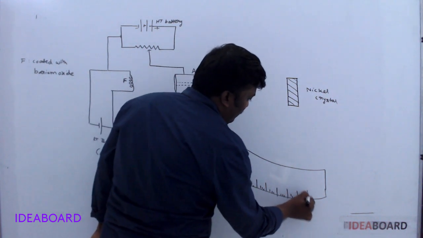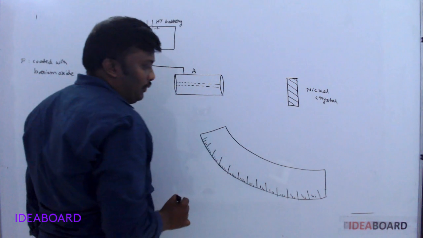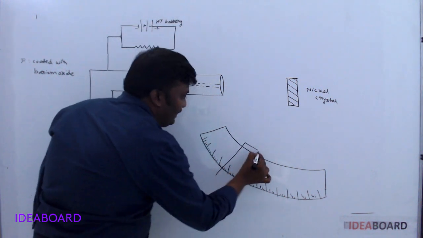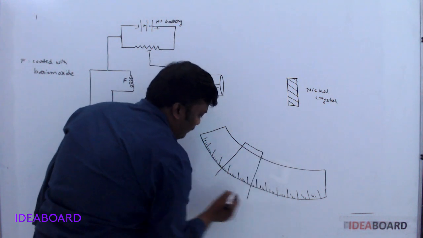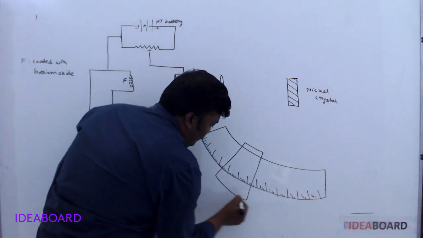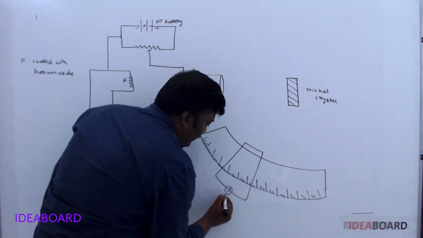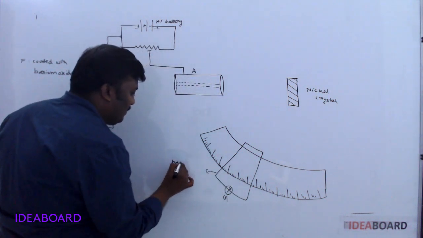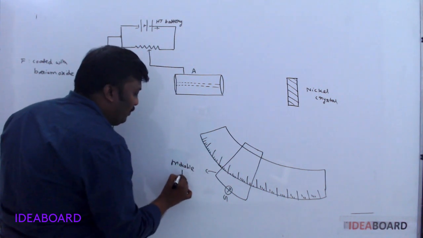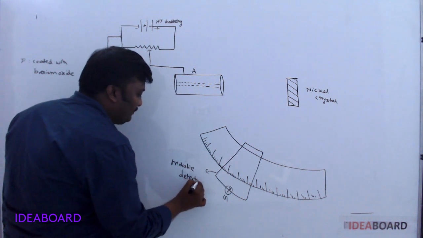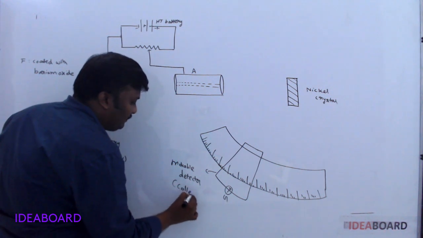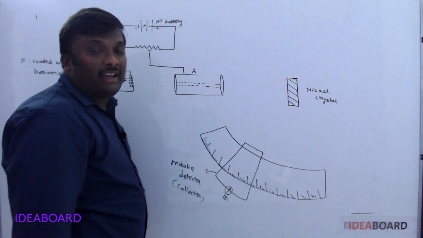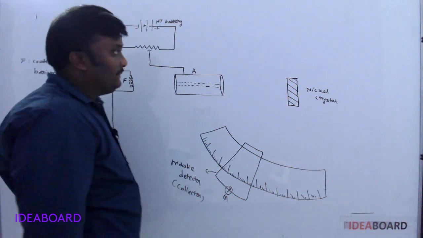On that there is one movable detector, called the collector, which consists of one galvanometer. Galvanometer is a device which is used to measure the current.